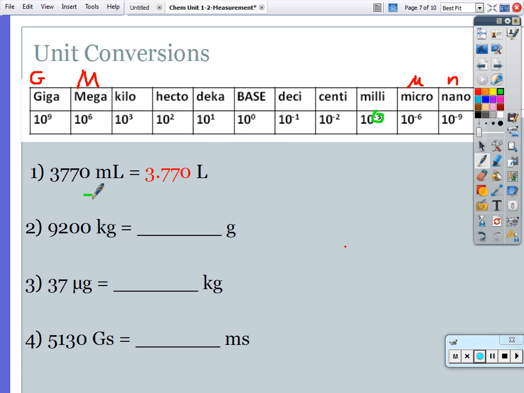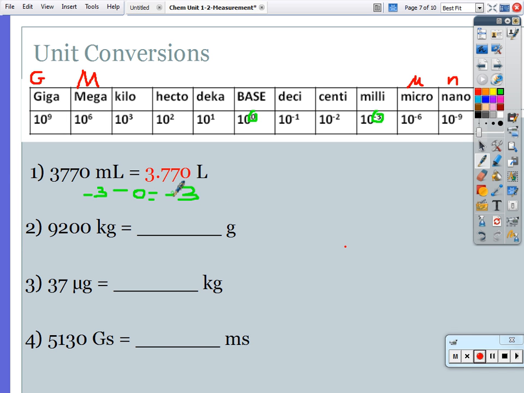So I'm going to put minus 3. Then I'm going to subtract whatever this one is. So it's a base unit. So the exponent that goes to the base unit is 0. So it's going to be minus 3 minus 0. That equals minus 3.